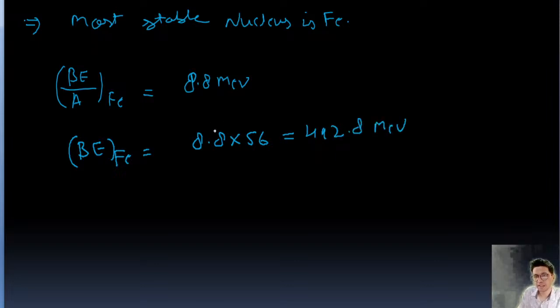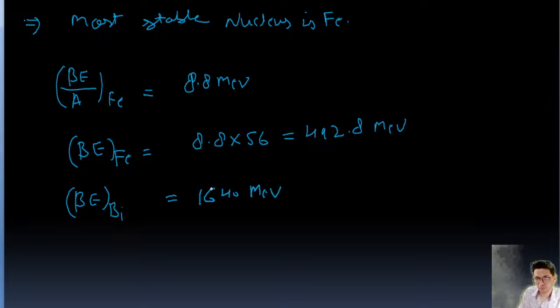So binding energy and binding energy per nucleon are different. Similarly, the binding energy for bismuth is 1640 MeV.